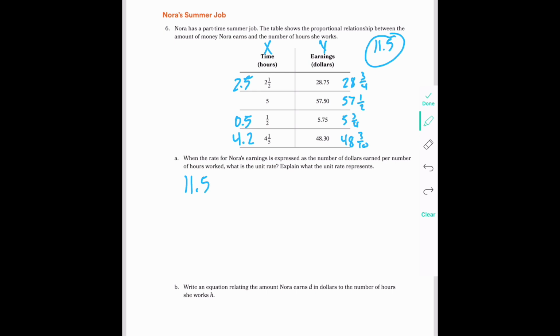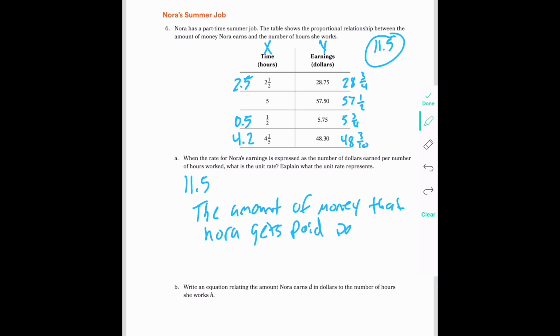The 11.5 would be the amount of money that Nora gets paid per hour worked. Or you could just say per hour, because that's how we talk about it in real life. Okay, so that's basically her pay rate. She gets paid $11.50 per hour.